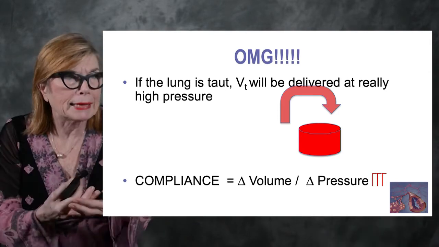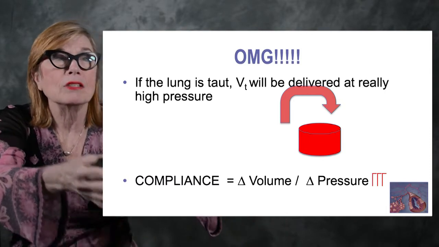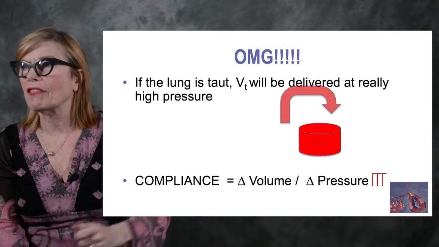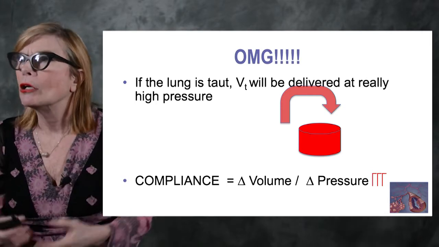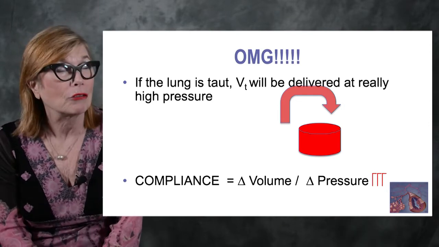So these concepts of the volume into the compliance yielding a pressure give us a very significant opportunity and avenue to look at the dynamics of pulmonary physiology and pathophysiology.